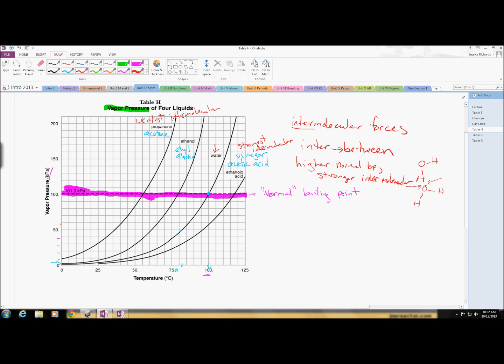So if these are going up by tens, that's 50, 60, 70, that's the line for 70. We come across, making sure we're staying on the right line, and we hit water. Am I on the right line? Across, there's water, we're dropping down. Yep, 80, 85, 90. So we're just a little to the left of 90, so maybe 88 degrees.